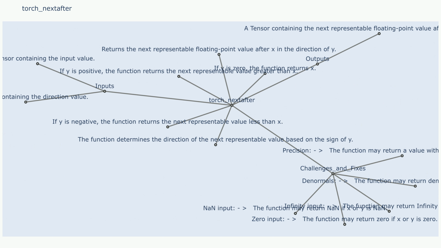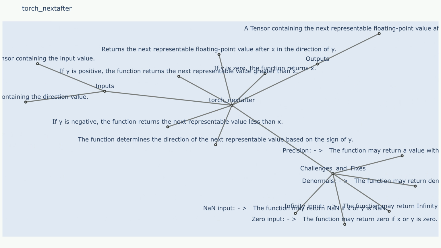Challenges and fixes. Challenge 1: the function can be prone to errors if the input value x is already the maximum or minimum representable floating point number for its data type. This can lead to the function returning an incorrect value or producing an error. Sample use case that resulted in challenge 1: calculating the next representable floating point number after the maximum value of a float32 tensor using a y value greater than x.